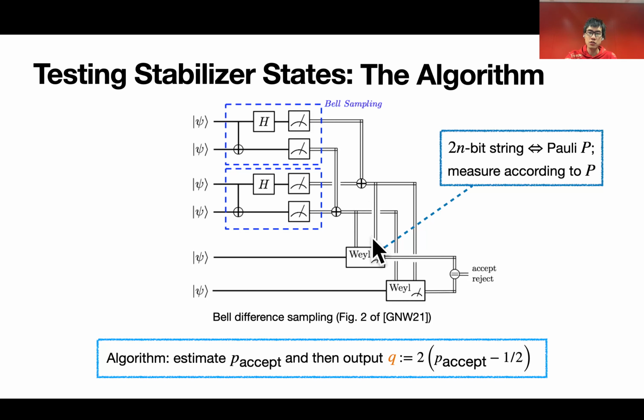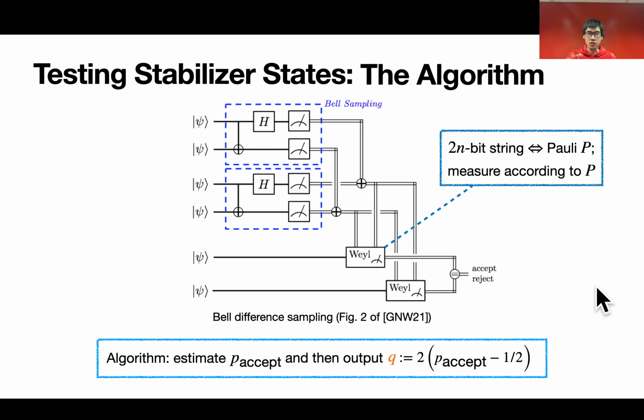Once you have the new 2n-bit string, you have some Pauli P, and then you measure the 2 copies of psi, measuring each according to the eigenspaces of P. We call it Weyl measurement. You accept if and only if these two Weyl measurements have the same result, and you reject otherwise.